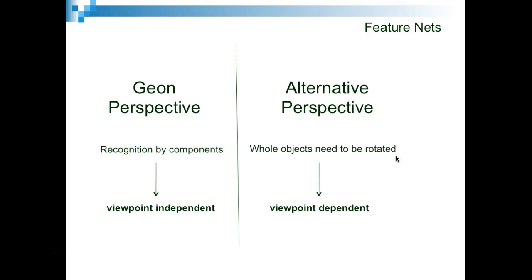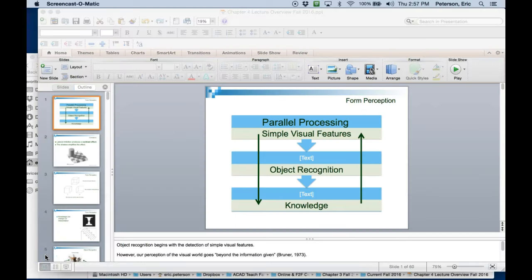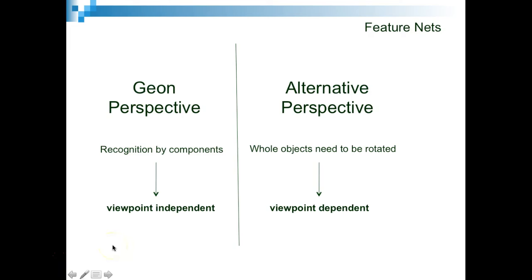Okay. Now, what do we mean by view dependent versus view independent? This is quite important. So back to view dependence and view independence. Well, first of all, a central point about the geon theory is that objects can be viewed about equally well from any perspective.